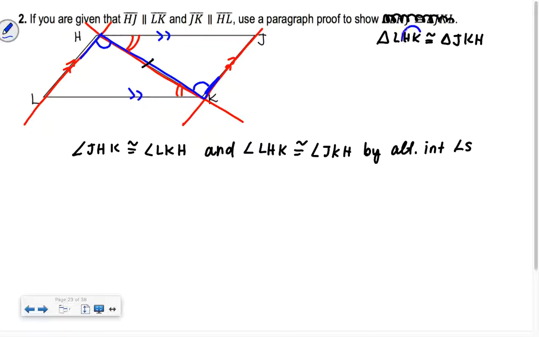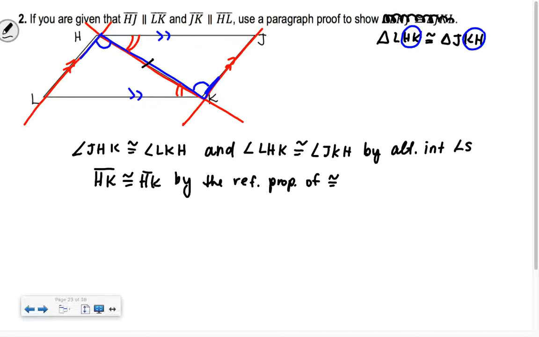I was second guessing myself about HK and KJ. Technically, I would write it in that order, like I would say HK is congruent to KH. But he says it's fine. You can just say HK is congruent to HK and just say reflexive property of congruence. So by the reflexive property of congruence.